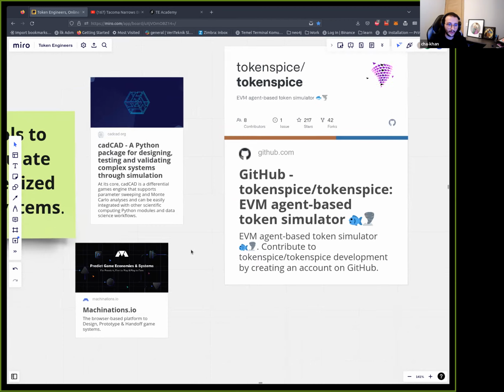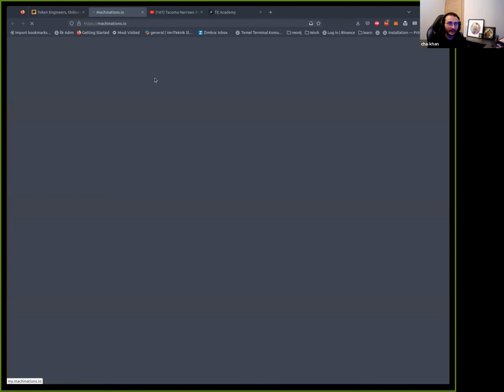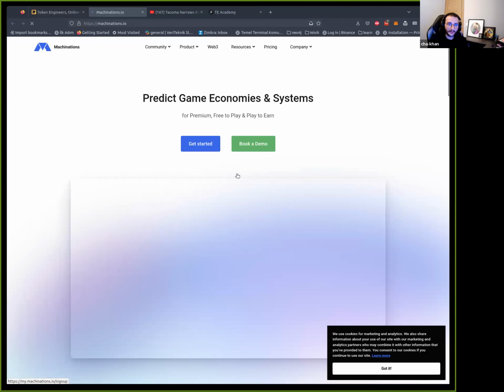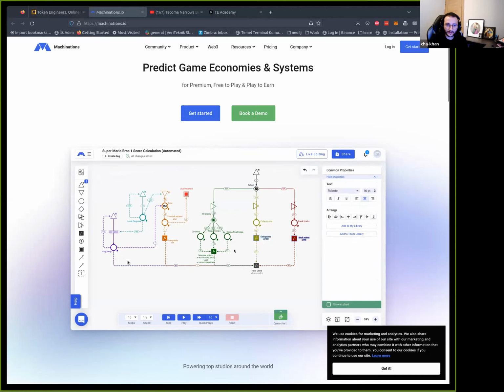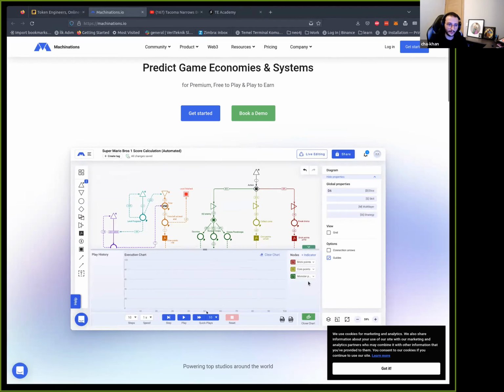And for the visually inclined, my favorite really is Machinations, which allows you to model systems in a more gamified way. You can do lots of models and simulate all of these different parameters in your token engineering system. You do some crazy simulations that are really fun, and it gives out all the different results through Monte Carlo simulations.